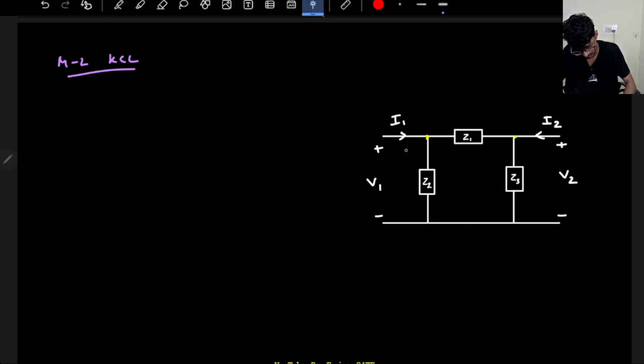So this voltage is V1, correct? This voltage is V2. This is node 1, this is node 2. Let's do the KCLs at node 1 and node 2.